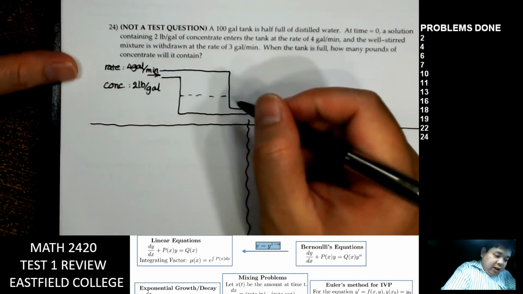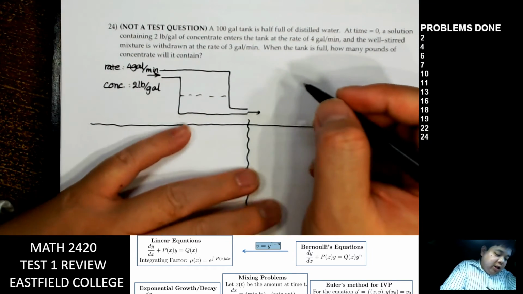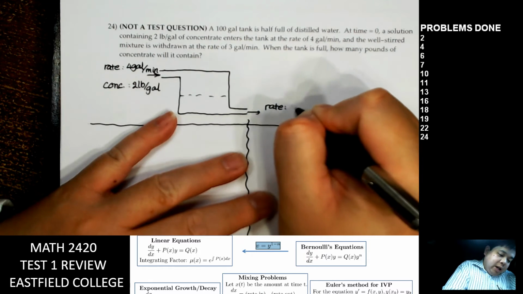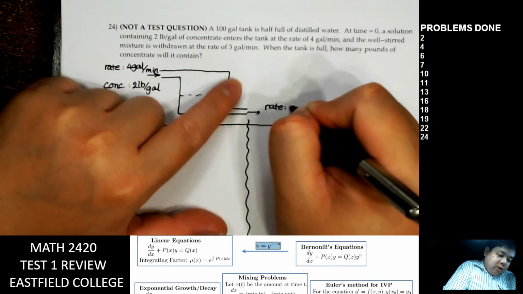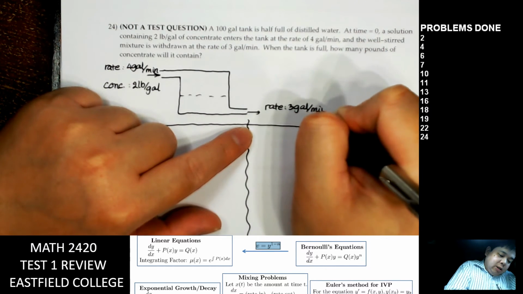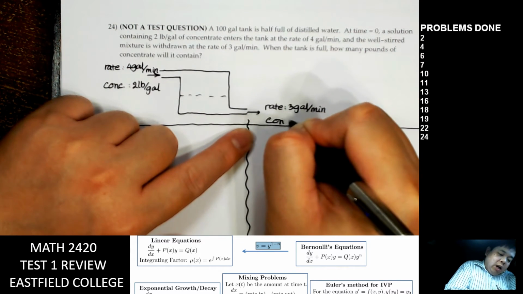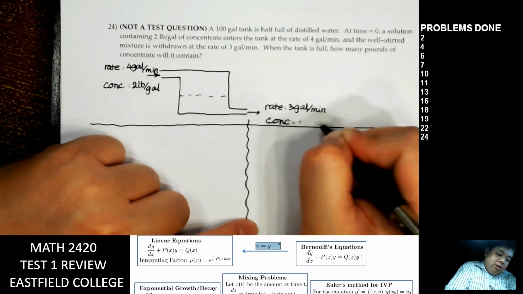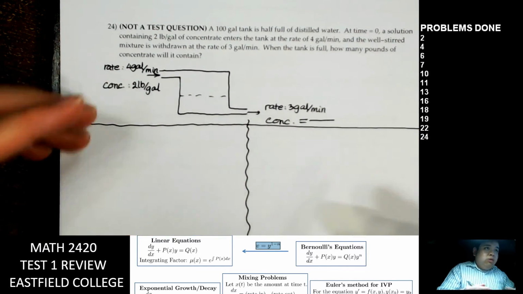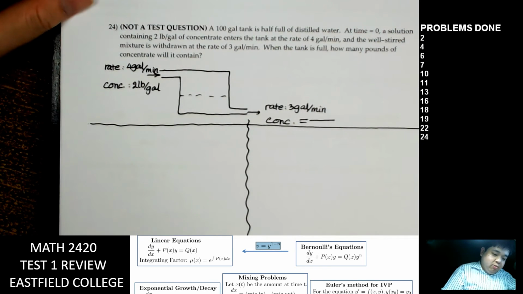And the solution coming out, we have the rate at 3 gallons per minute. And the concentration is going to be a bit complicated. All we know is that it's going to be equal to whatever the salt over the volume.